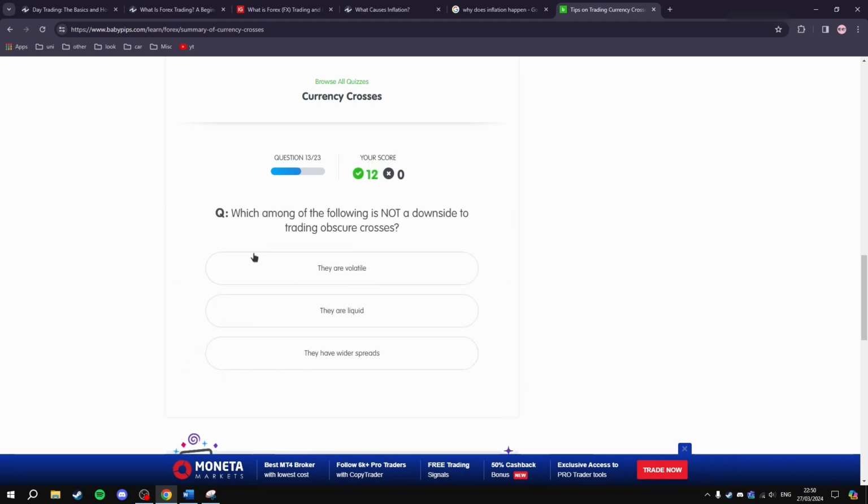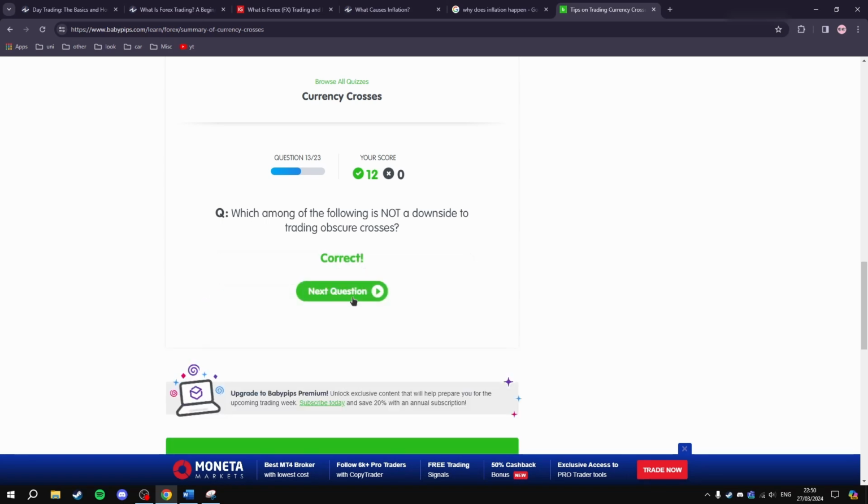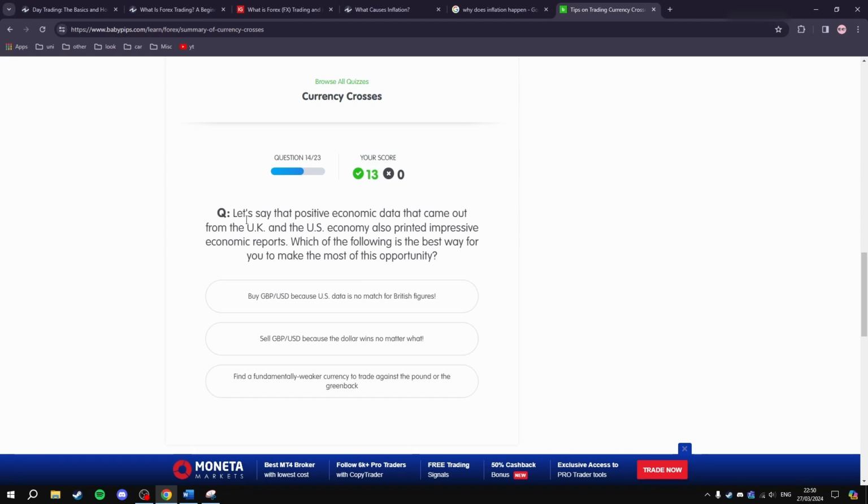Which of the following is not a downside to trading obscure crosses? They're liquid. Let's say that positive economic data came out from the UK and the US economy also printed impressive economic reports.